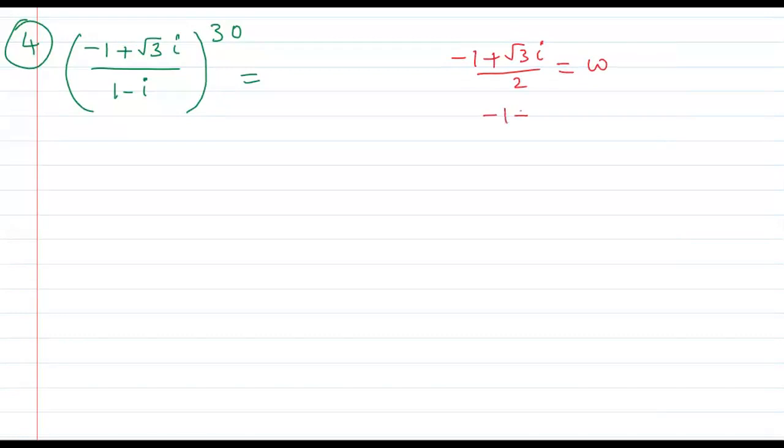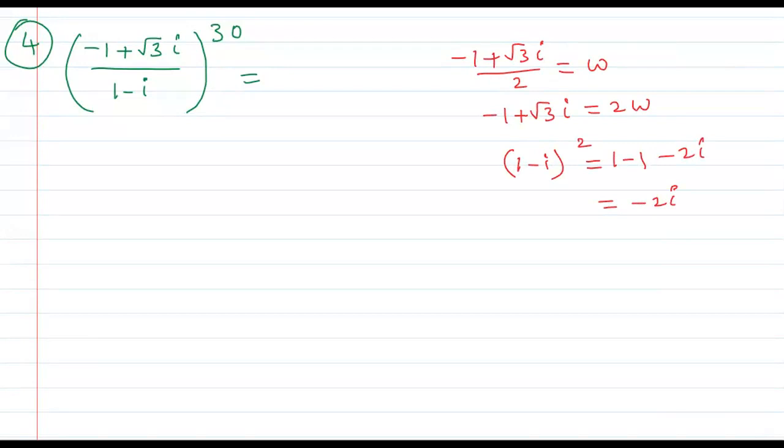So -1 plus √3i means 2 omega. Now (1 minus i) whole square: expand this, 1 minus 1 minus 2i. So this value is minus 2i.